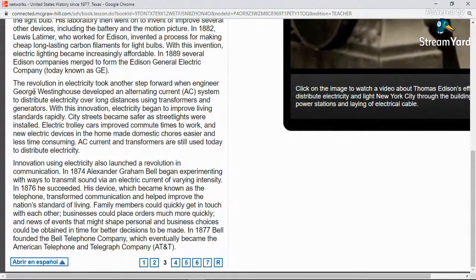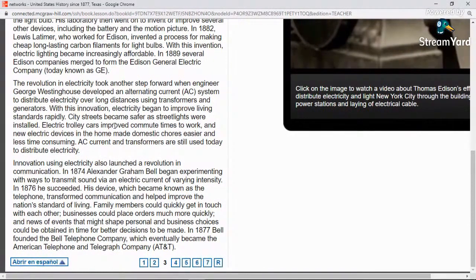So then this electricity revolution took a step forward when George Westinghouse developed the alternating current, AC, to distribute electricity over long distance using transformers and generators.